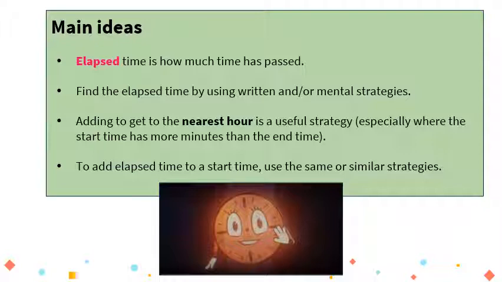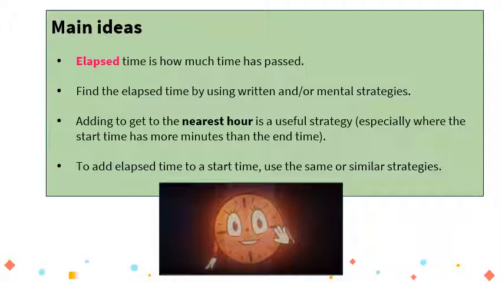You can do multiple operations. But whatever works best for you. If you're flexibly minded like that, that's totally fine. And lastly, to add elapsed time to a start time, it's basically using the same or similar strategies to what you use to find the elapsed time between 2 points in time.